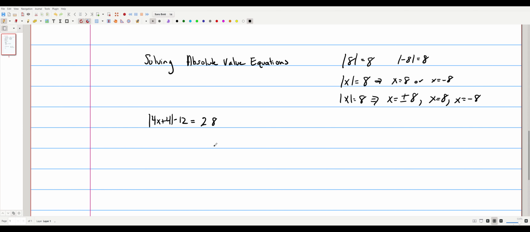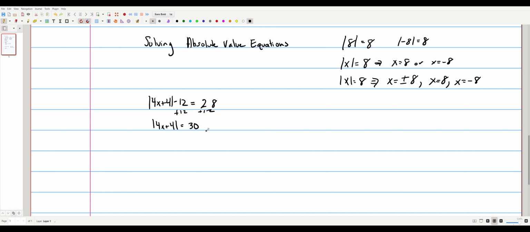Cool. So we have this absolute value equation. So how are we going to solve these? Well, the idea is that we want to get the absolute value by itself first. So we're going to get all the numbers on the other side. And so we can do that by adding 12 to both sides. And so we're going to get the absolute value of 4x plus 4 is equal to 30.